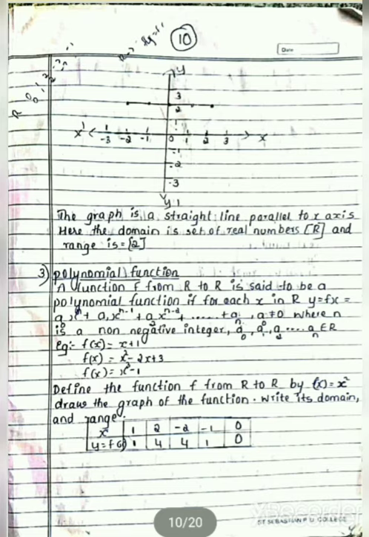And what is the range and domain of this function? Domain, see the x values. What are the x values? As I said, you can give any real number. So it is the set of real numbers. So the domain is nothing but the set of real numbers.